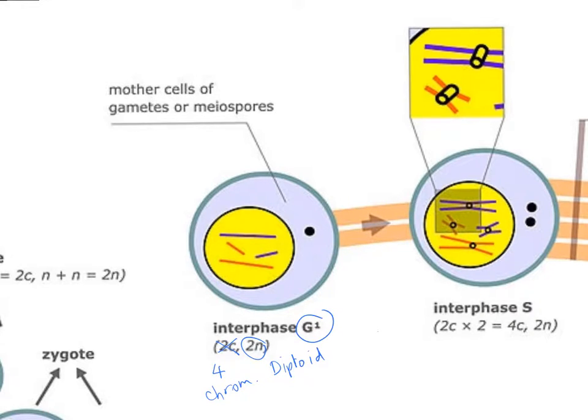You have one long orange and one short orange, and then these purple ones, the long purple and the short purple. If you pair these together, these are your homologous chromosomes.